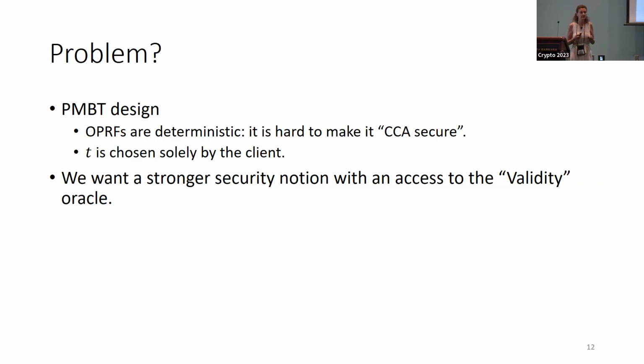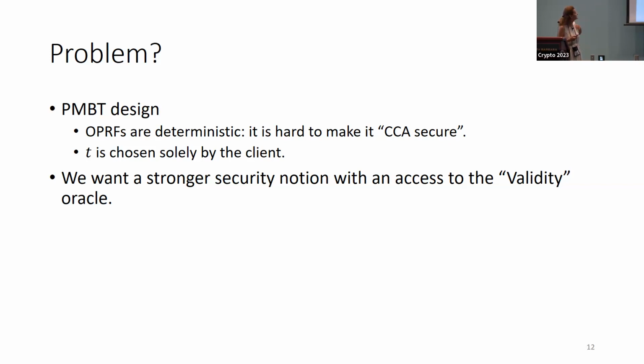It is very difficult to get CCA, quote unquote, type of security from those types of primitives. Maybe to start with, the oblivious PRF was not the right primitive. The second thing is that when the maliciousness of the adversary is the focus of the protocol, maybe letting the client decide the tag that needs to be signed is not a great idea. Maybe it needs to be jointly computed between the client and server.